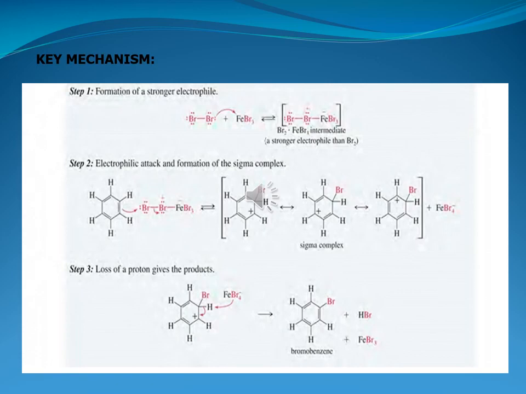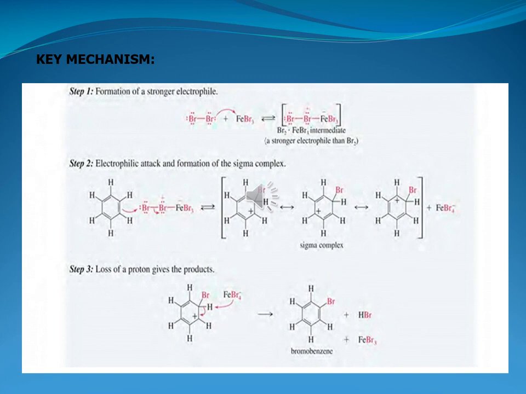The polarization causes the bromine atoms within the bond to become more electrophilic. The bromine cation is a much better electrophile than the bromine molecule alone and can then react with the benzene.